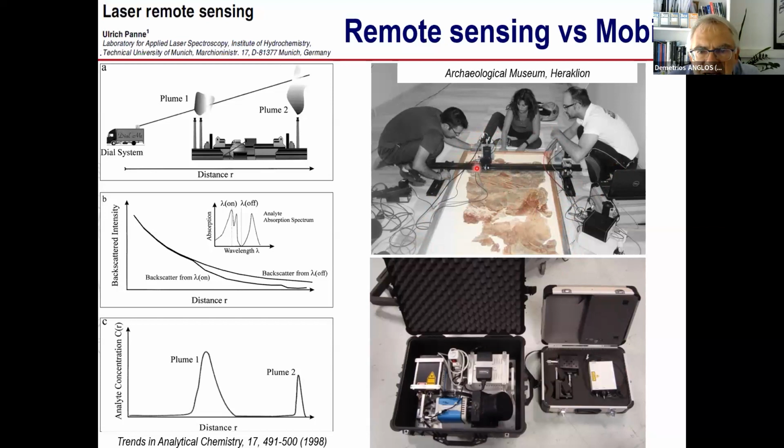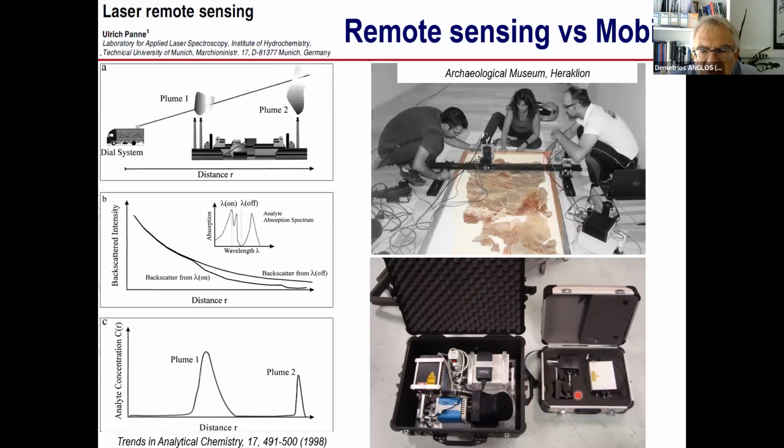What you can see right over here where I'm pointing the pointer is the head of a mobile Raman system. This mobile Raman system can fit in these two suitcases here. The head I was talking about is exactly this one. So this is the one that comes close to the sample and does the analysis.